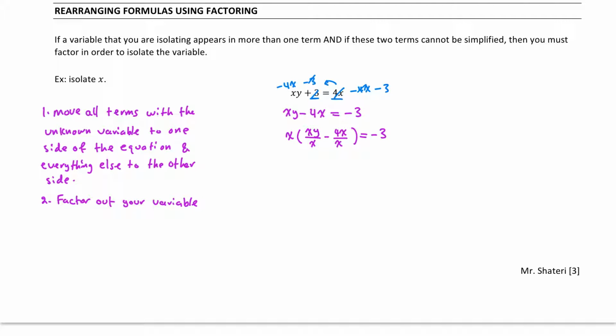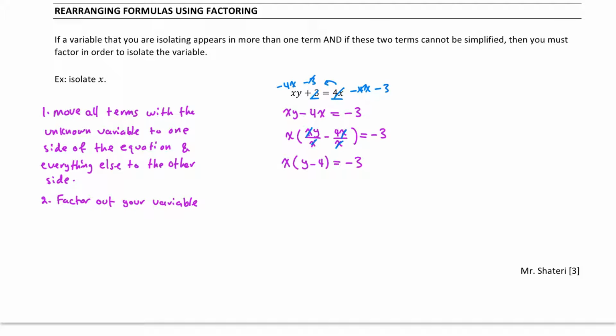So what I've done is I've taken out x, which is what I'm trying to isolate, and I factored it out. So if I factor it out, it will not be present here after I simplify this binomial. So let's simplify it and see what happens. So x's cancel, and I'm left with x(y minus 4) is equal to -3.